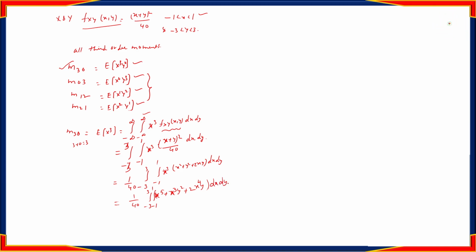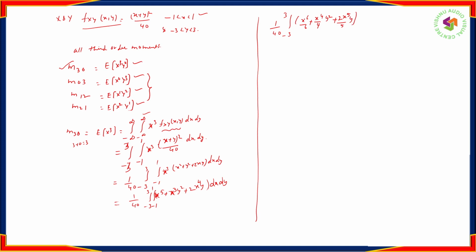Now we will do the integration with respect to x first, then we will continue the same with integration with respect to y. When you integrate with respect to x, the outside integral is for y, so this becomes x power 6 by 6 plus x power 4 by 4 y square plus 2 x power 5 by 5 y, over the limits minus 1 to 1, dy.